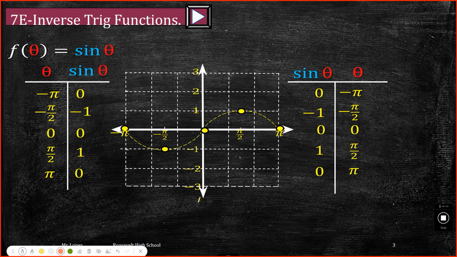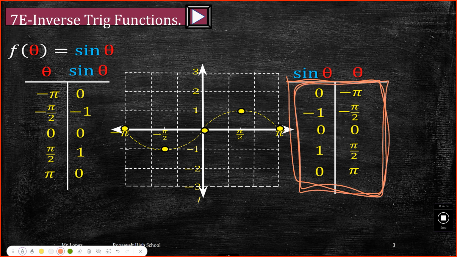Just by looking at the table here, on the right table, you got big problems here. Because for this to be a function, as it is, going from negative pi to pi, and then we switch them, this is not a function on this interval. Why is this not a function? Anybody?